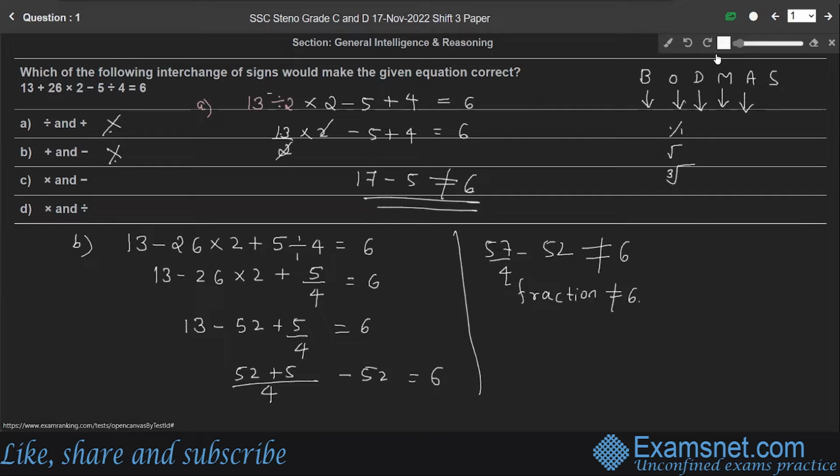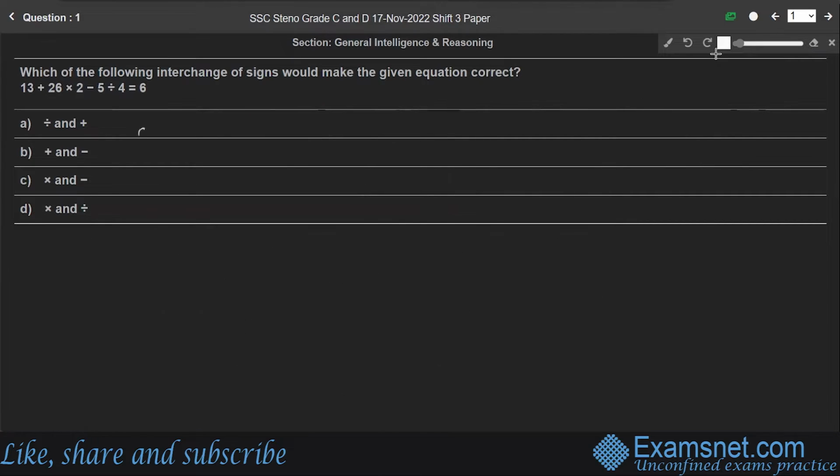Next comes option C. Interchange into and minus. The given equation becomes 13 plus 26 minus 2 minus 5 into 5 divided by 4, should be equal to 6. We'll check whether it is equal to 6 or not. Again, by the BODMAS rule, let us go for division, 5 by 4. Then 2 into 2 is 2 after cancelling.